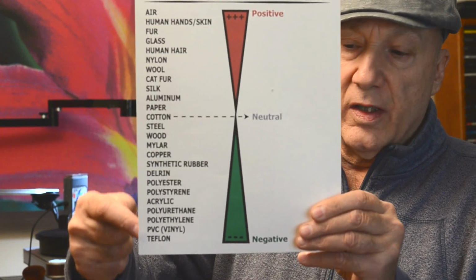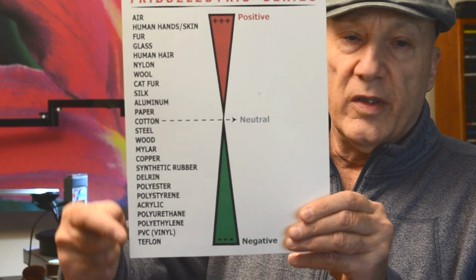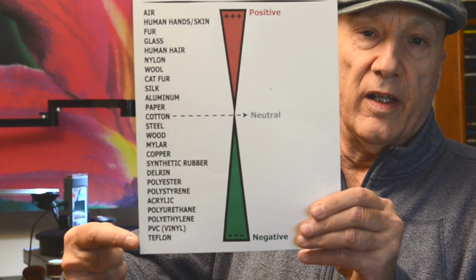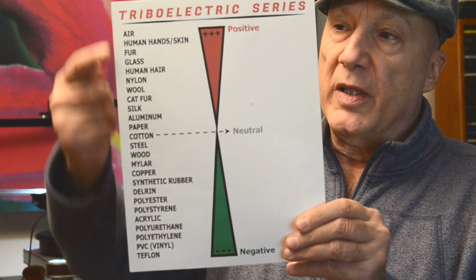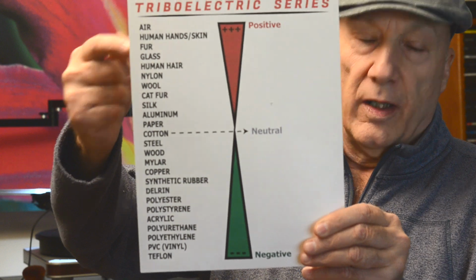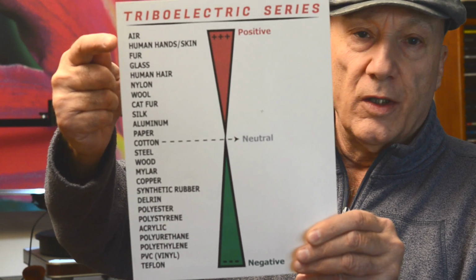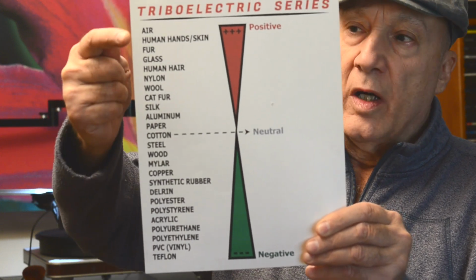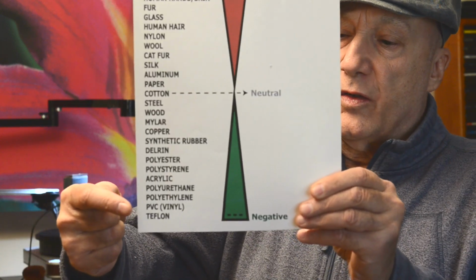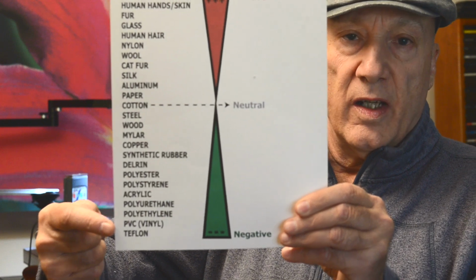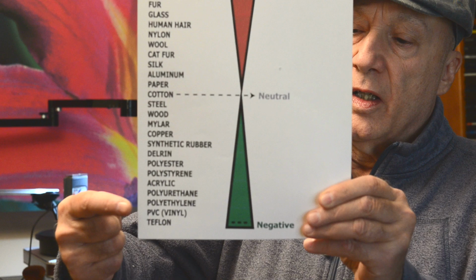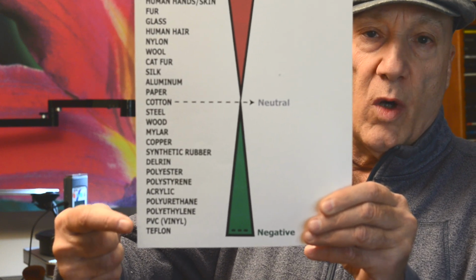As we go down this list, these are materials that gain electrons and become increasingly negative. And if we look up this list, these are materials that lose electrons increasingly and become more positive. So if we look down toward the bottom of the list, PVC, or polyvinyl chloride, from which our records are made, is relatively low on the list.